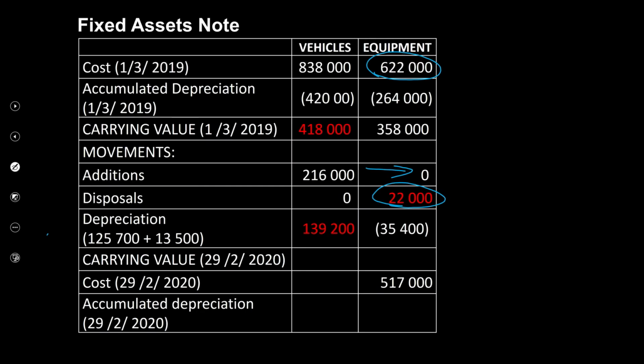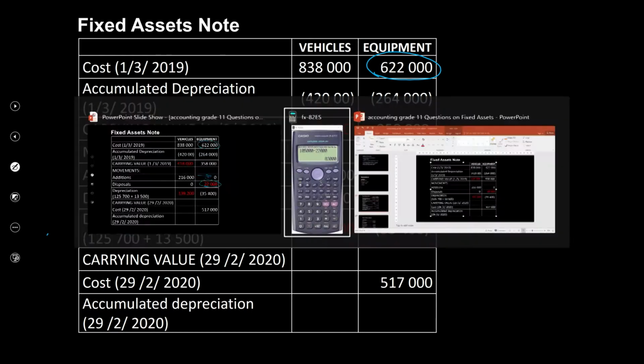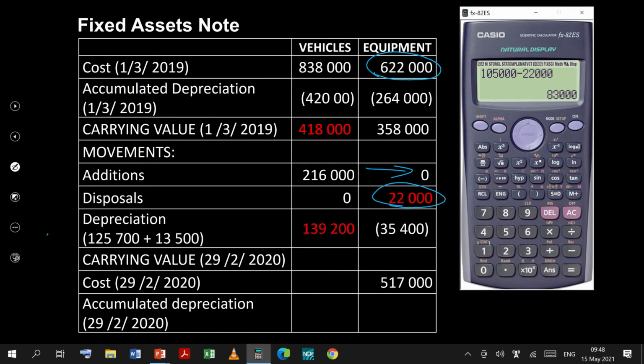Now, in terms of my note number 3, we can see that if you were asked to calculate your accumulated depreciation for your vehicles at the end of the year, let's firstly take this figure forward and see how we're going to do our calculations. So we start off with our 358,000, which is my carrying value at the beginning of the year. There was no addition, so there's no figure to add.